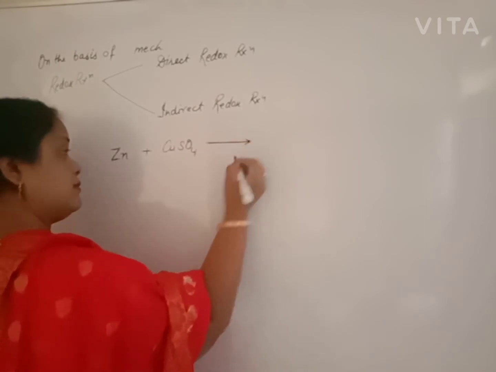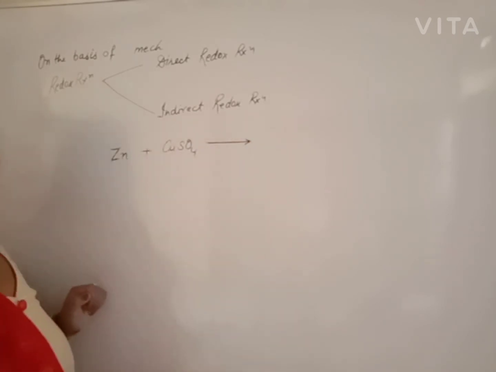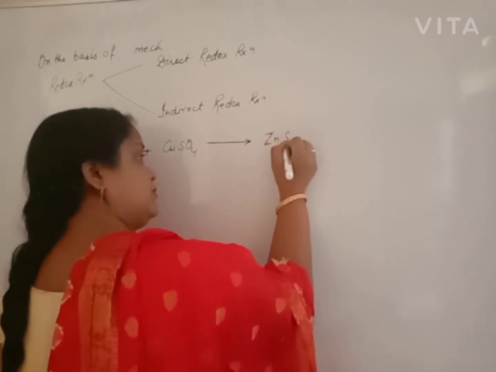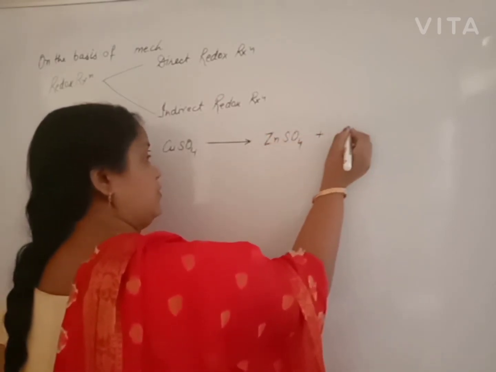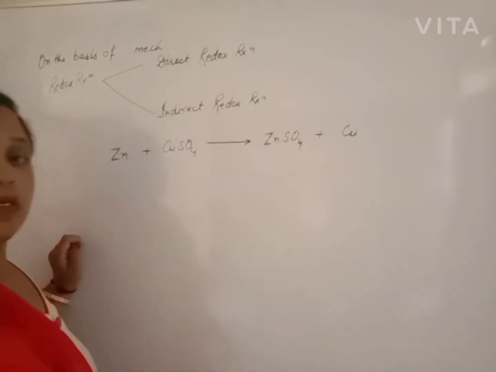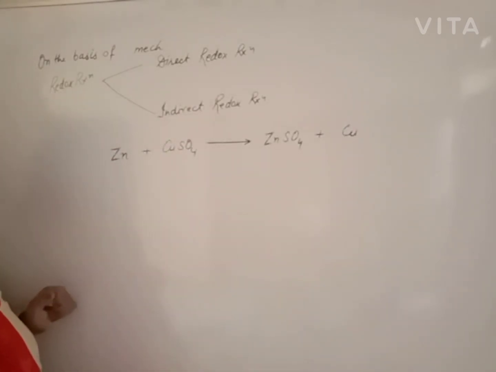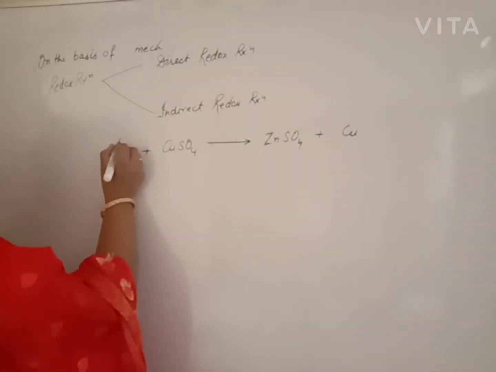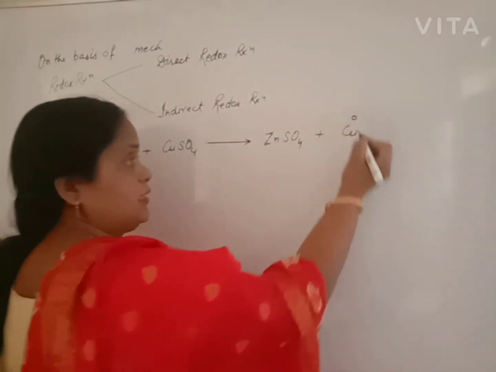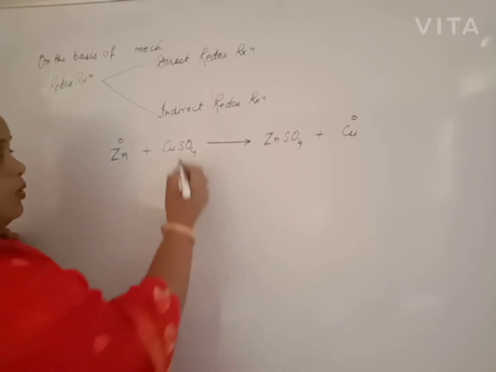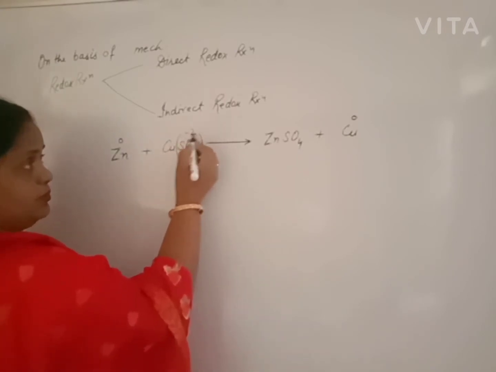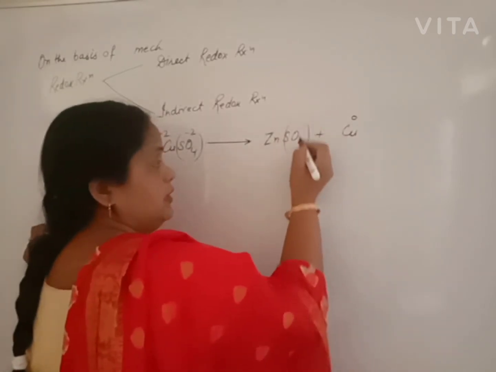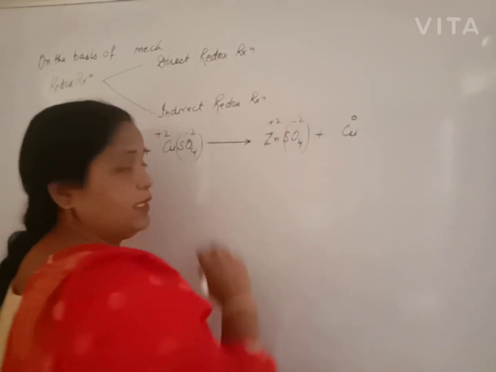After the reaction, the blue color of the copper sulfate solution is discharged and we get a white solution of zinc sulfate, and all the copper metal deposits at the base. Now you want to calculate the oxidation numbers to identify oxidation and reduction. In the pure state, any element has oxidation number 0. The sulfate ion carries -2, copper carries +2.